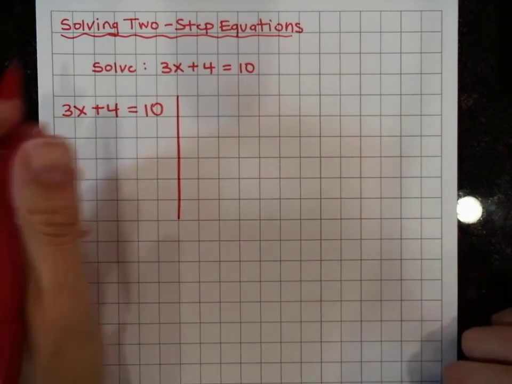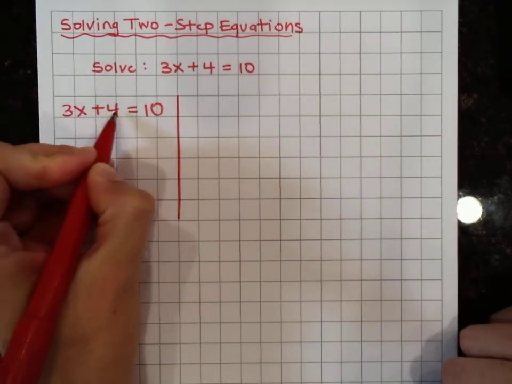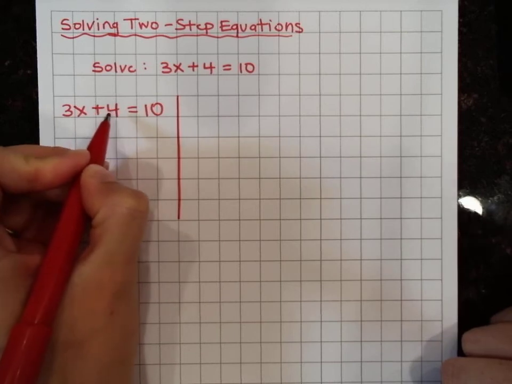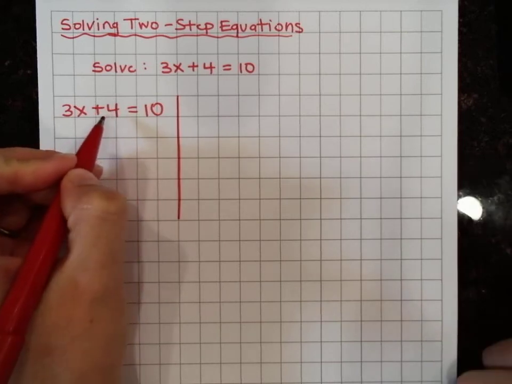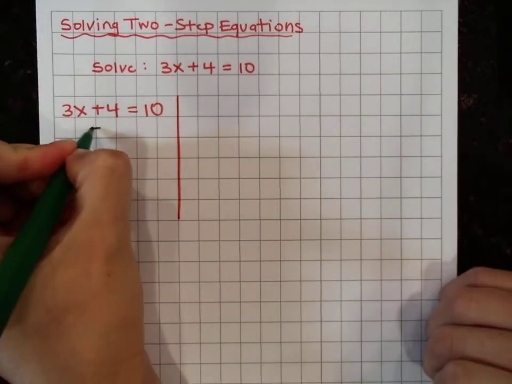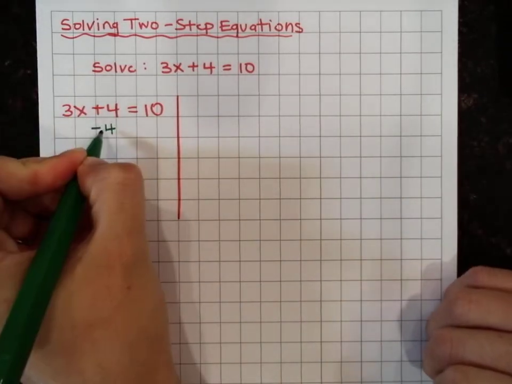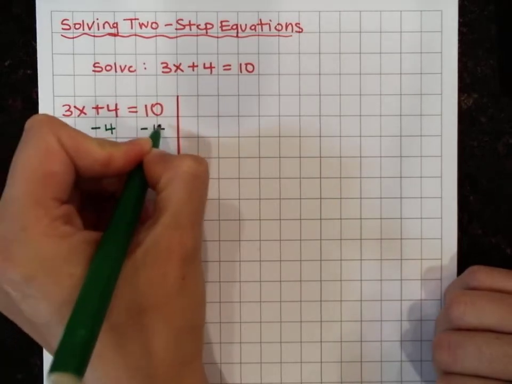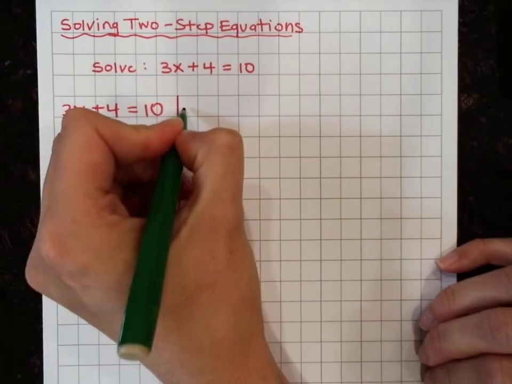So if we see addition like plus 4, if we want to undo that plus 4, we need to subtract 4 from both sides. And remember, whatever you do to one side of the equation, you have to do to the other side. So that's our first step.